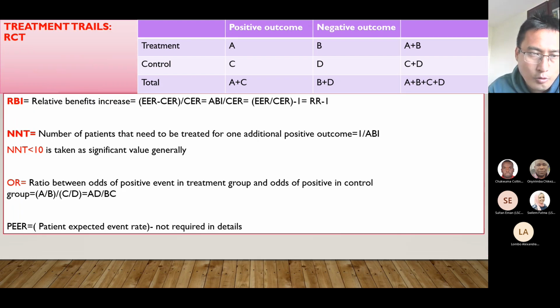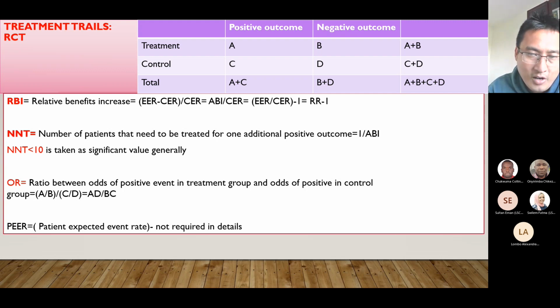Now there is something called relative benefit increase. For this one, you find RR minus 1. So that is relative benefit increase. There's something called number needed to treat. If you are doing an RCT, this is very important. That means the number of patients that need to be treated for one additional positive outcome. So this is the definition of NNT.